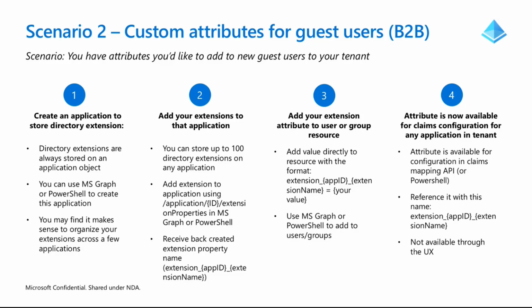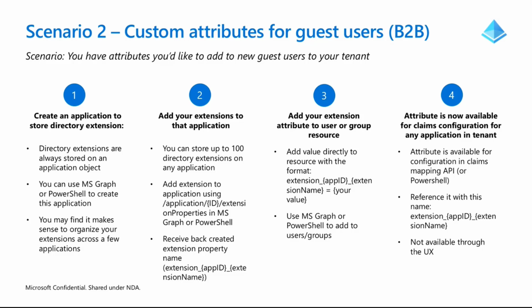Again, you can create 100 directory extensions on that app, and the app ID of that app becomes part of the name, as in the example I've shown: extension underscore the app ID, and then the extensions you are creating. You create those extensions as your master, and from there you can populate different user objects or group objects as needed.